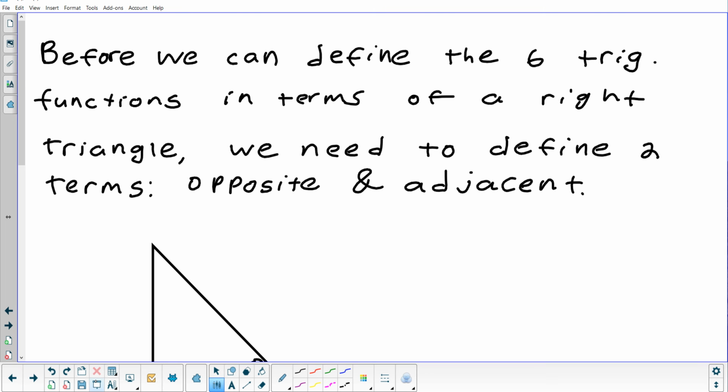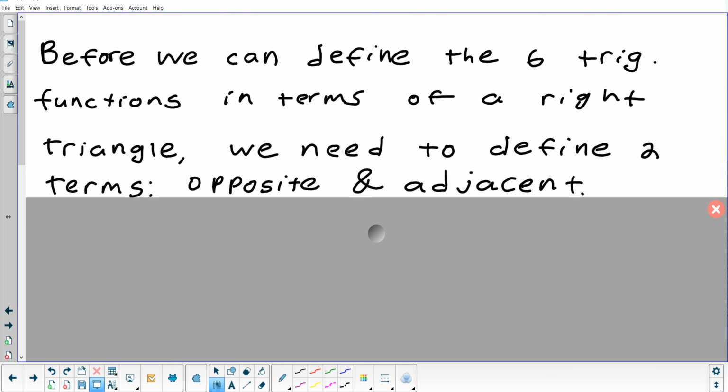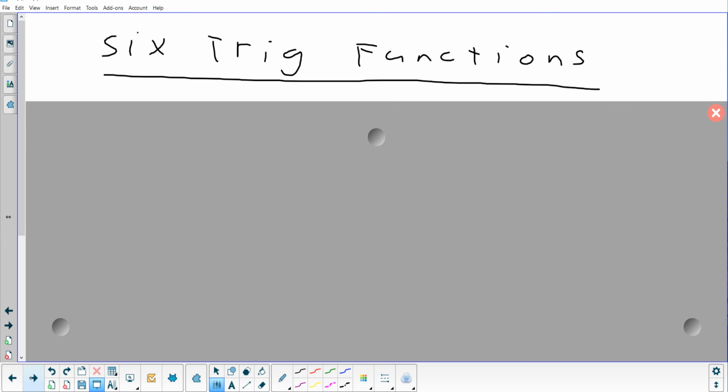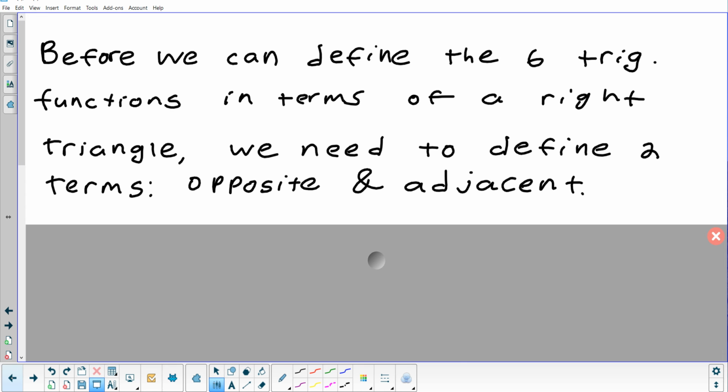All right, so what we're going to do in a second is I'm going to give you the definition of all 6 trig functions. Now, we've done that before: sine, cosine, tangent, cosecant, secant, and cotangent. And the way we did it last week was on a unit circle. Sine was y, cosine was x, tangent was y over x.